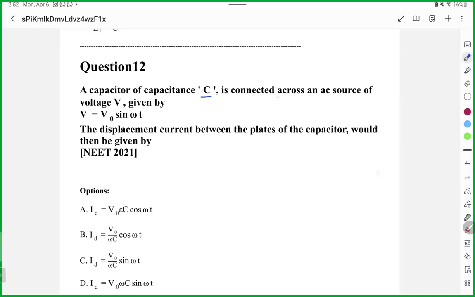A capacitor has some capacitance and is connected with this potential. The displacement current between the plates would be?